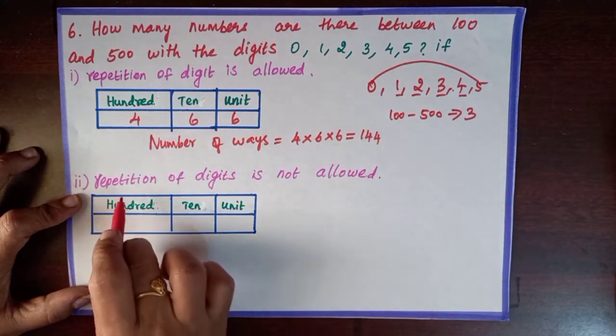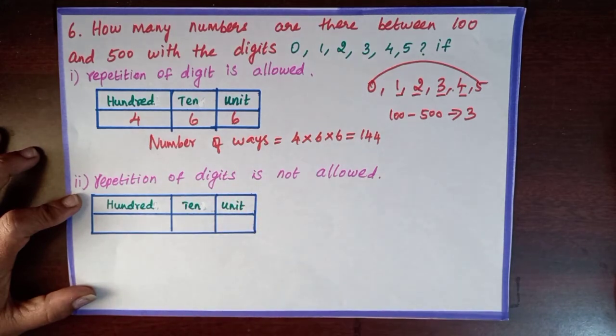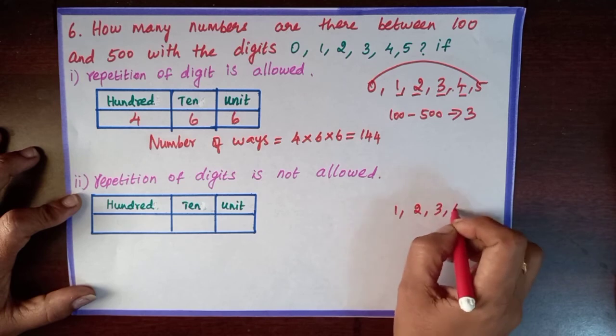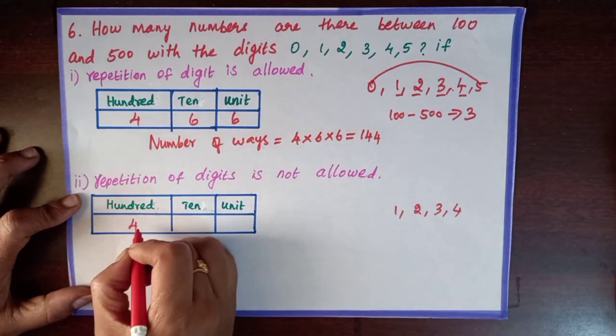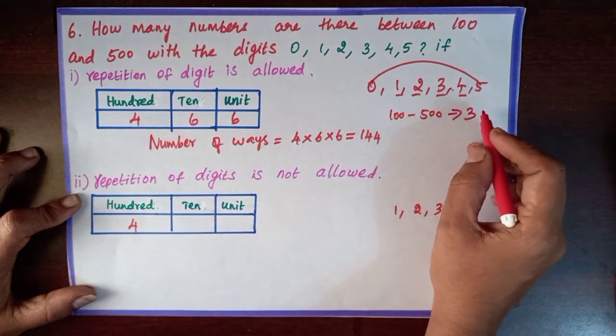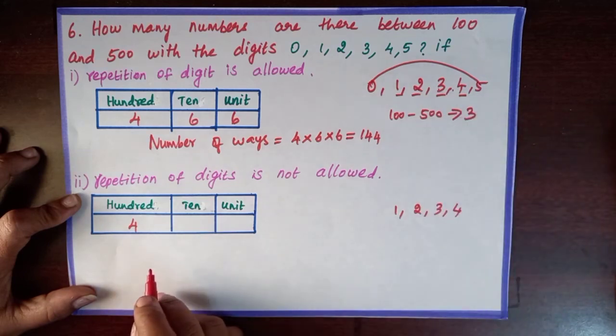Second subdivision, repetition of digits is not allowed. The hundreds place can be filled only by any one of the digits 1, 2, 3, 4 in 4 ways. Having filled the first place, 0 and 5 are not included in the hundreds place.